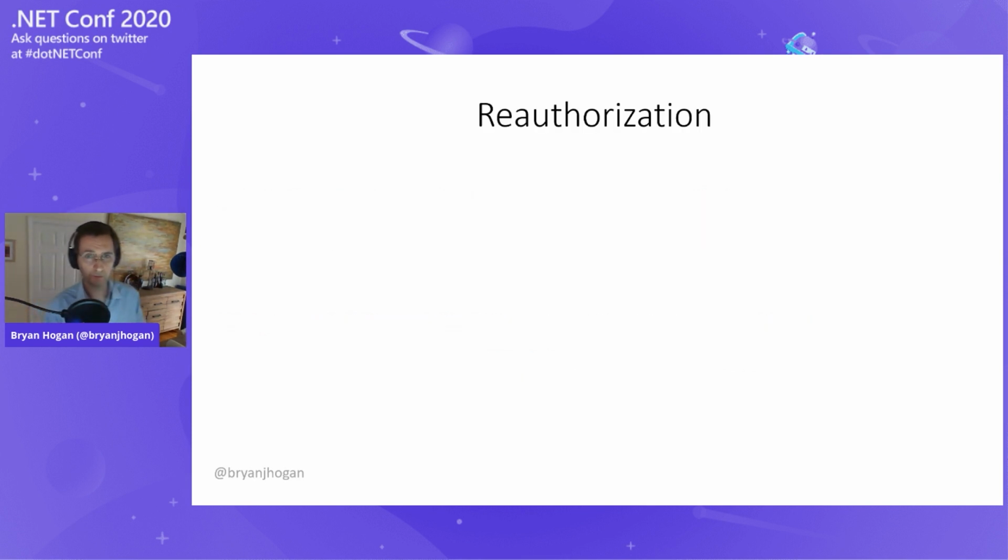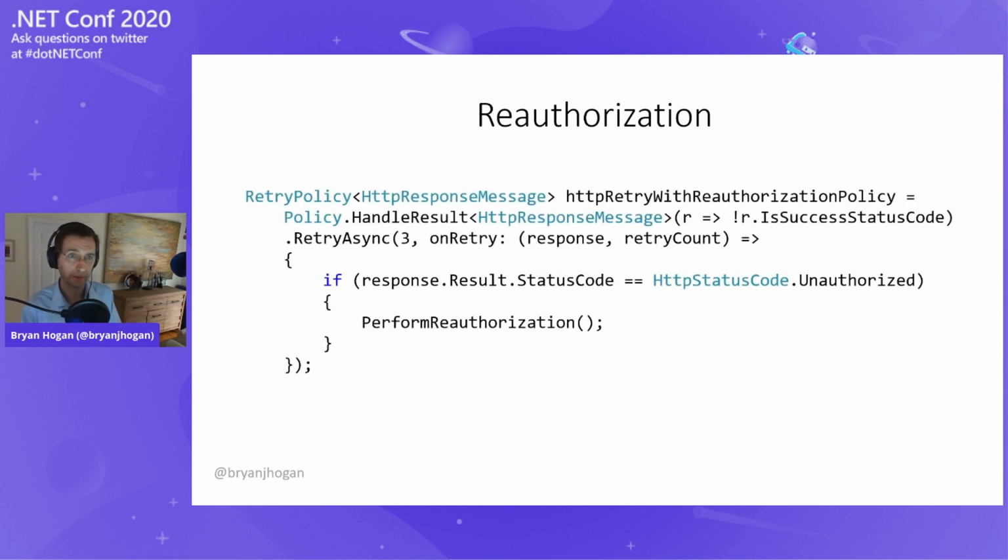I mentioned reauthorization because it's a more interesting case. There's not much use in retrying the exact same request if you're getting an unauthorized error. Instead, what you do is you use the onRetry delegate as part of the policy. So the policy at a high level says if it's not a success code, you should retry.